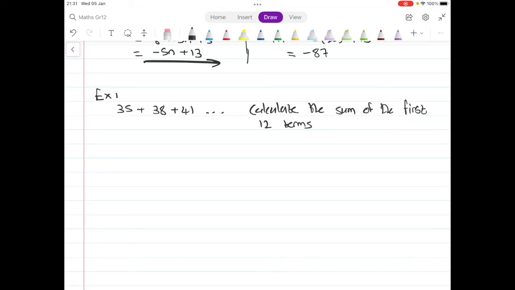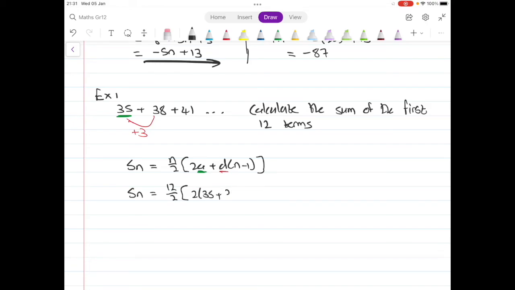So all you do is you're going to use the same formula. Sn is equal to n over 2 into 2a plus d into n minus 1. It's just so you guys get used to this formula essentially. So our a value is still going to be 35, and then comes the difference situation. So 38 minus 35 is just going to be 3, so we know it's a positive 3 for our difference value there. So it's going to be this Sn, we know it's 12 terms, it's 12 over 2 into 35 plus a difference of 3 into 12 minus 1, and that's it.